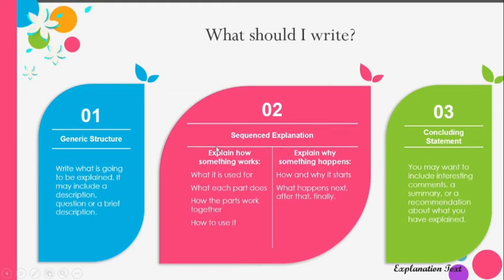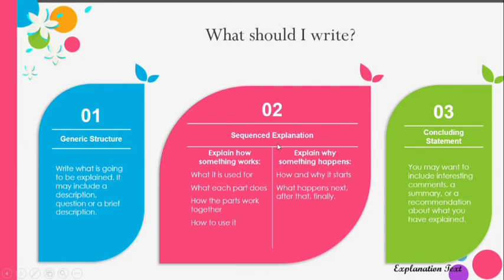When you start your text by explaining how something works, you can lead with questions: what it is used for, what each part does, how the parts work together, and how to use it.